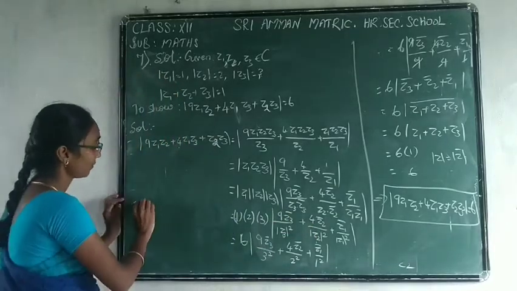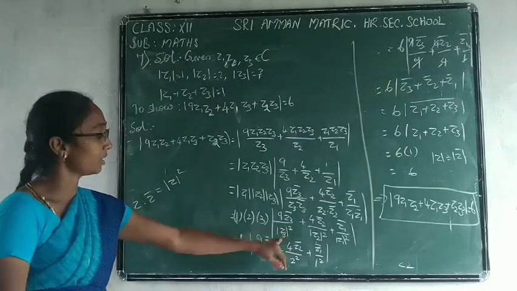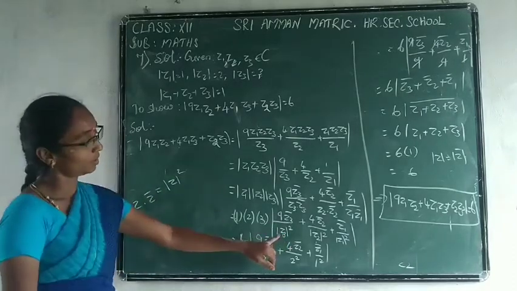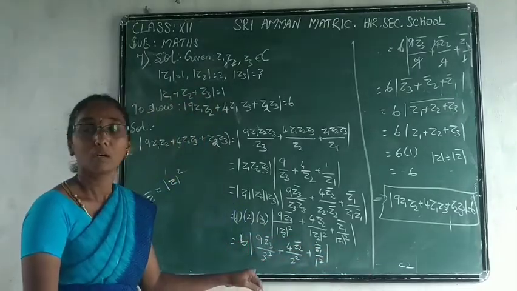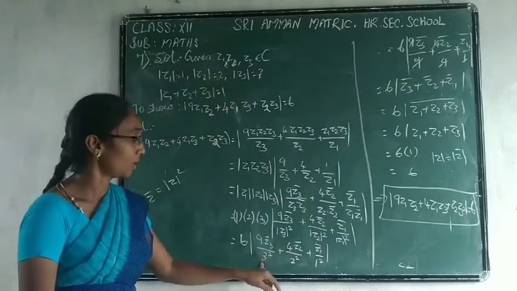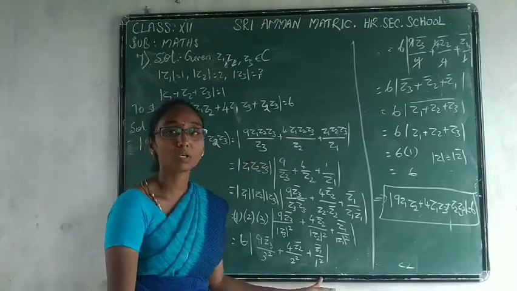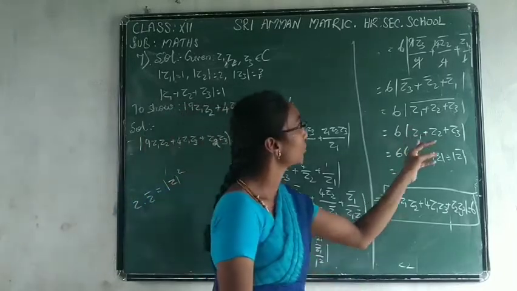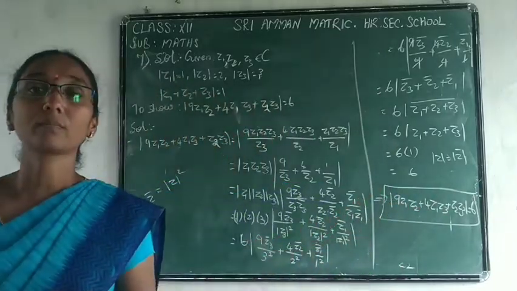Substituting, modulus of z3 square, z2 square and modulus of z1 square. You already know the given values: modulus of z3 equals 3, modulus of z2 equals 2, and modulus of z1 equals 1. After calculation, we get it. Okay?